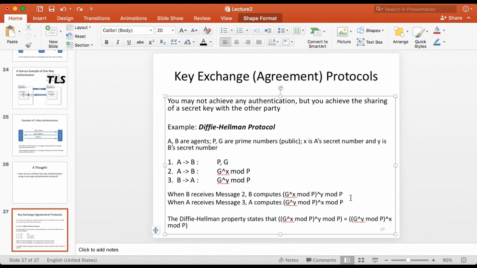So this is something we call Diffie-Hellman. It's a very widely used, very well known protocol, and it represents a common example of this class of protocols known as key exchange or key agreement protocols.